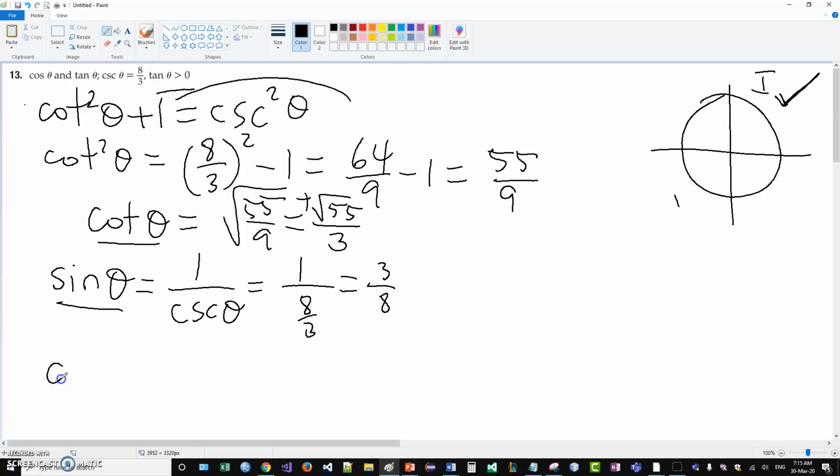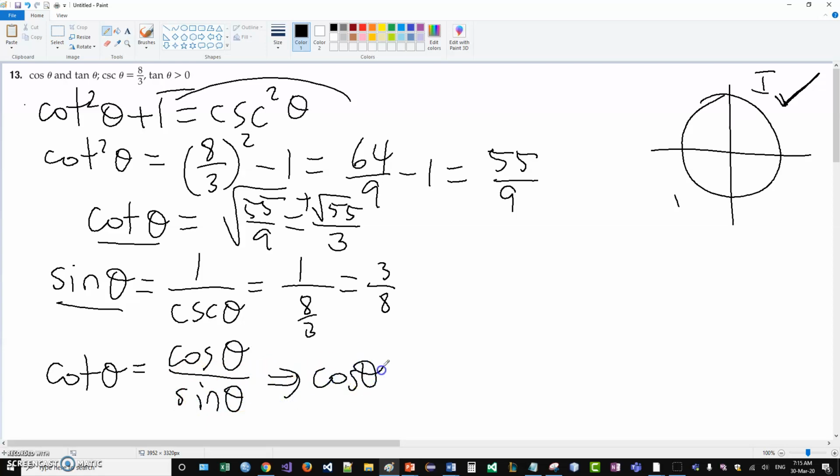Alright? Now cotangent, according to the quotient rule, equals cosine theta over sine theta, which means cosine theta equals sine theta times cotangent theta equals, sine theta is 3 over 8, times cotangent theta, square root of 55 over 3.